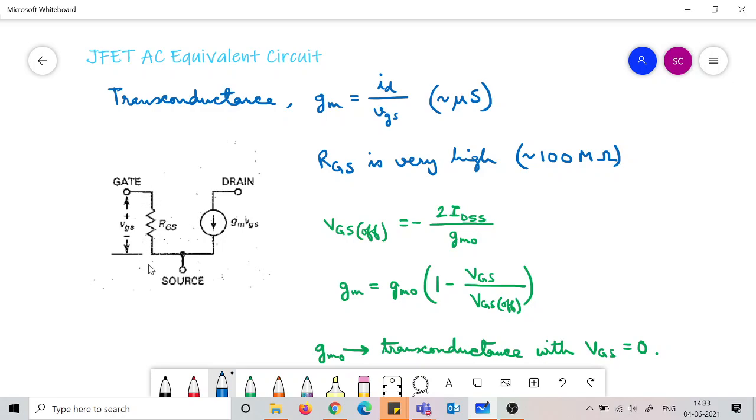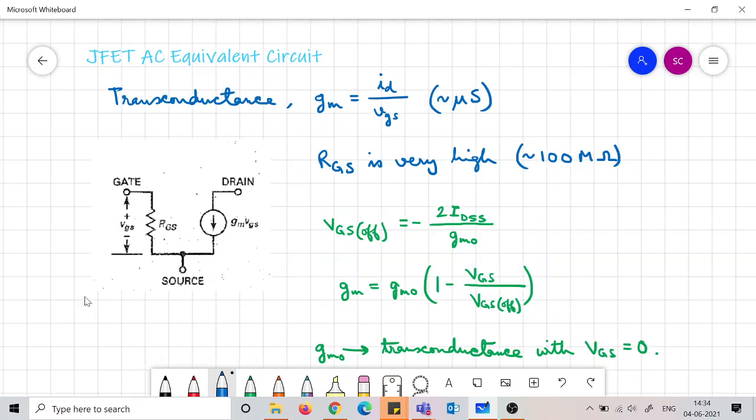So for amplifiers, a very high input impedance is a very desirable characteristic, because whatever signal you wish to amplify, you don't want that signal to change appreciably due to the connection of the amplifier, and that only happens if the input impedance of the amplifier is very high. Here you can see the JFET input impedance is very high.